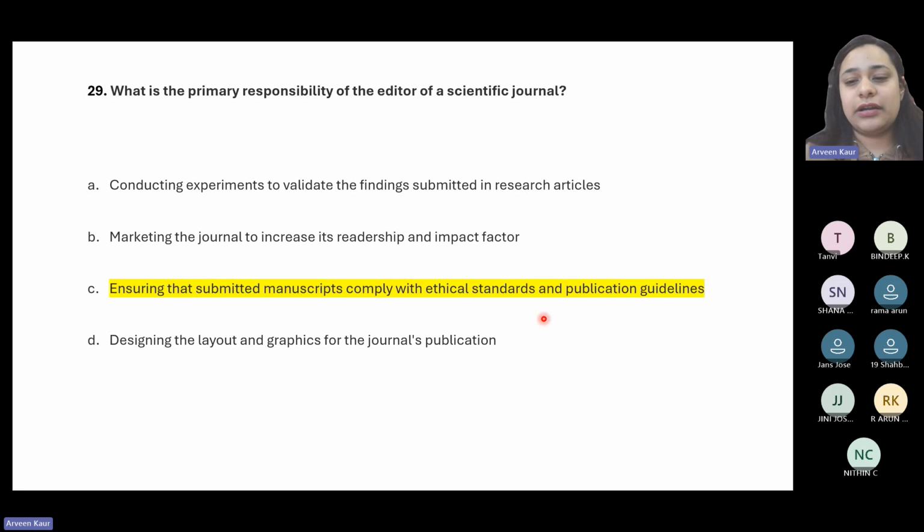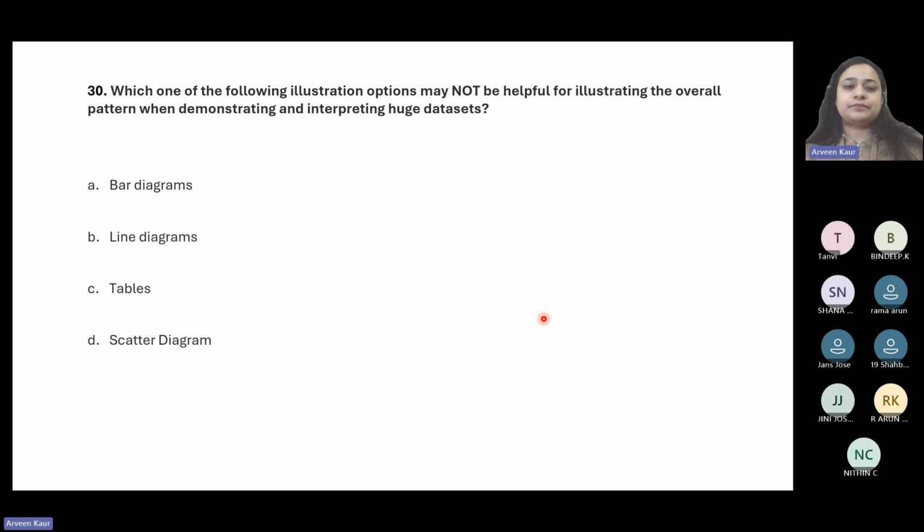It has definitely not exceeded 10,000 words. Or if it says that it should have five figure panels, right? So it should have five figure panels. It should not have less or more than that. So these are the primary responsibilities of the editor, right?